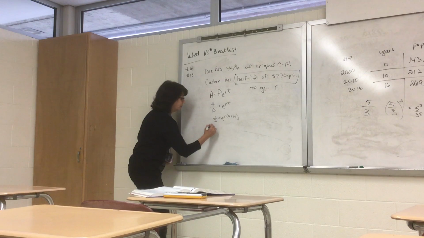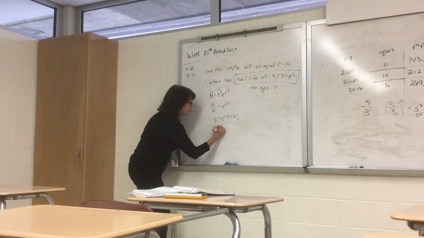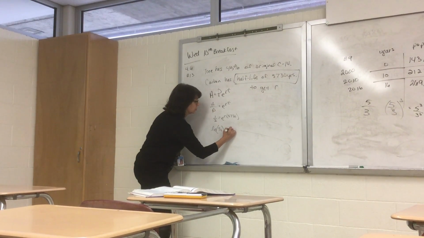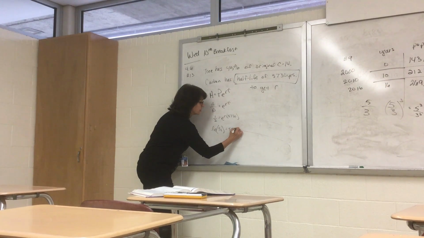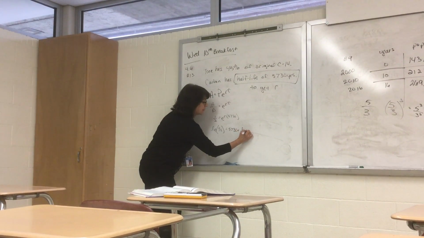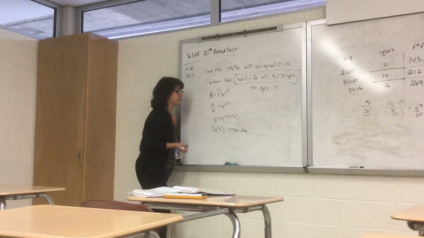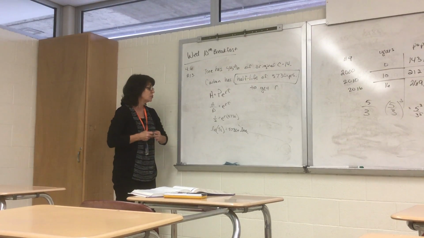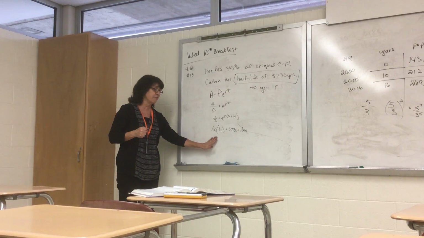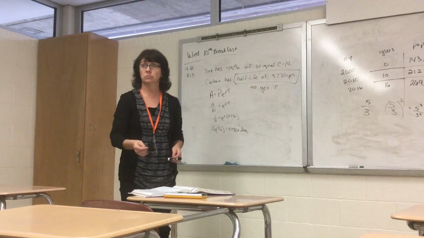So we're going to ln both sides. ln of 1/2 is equal to 5730 times R times ln E, and ln of E is equal to 1. So you just end up taking the ln of 1/2 and dividing by the years, okay?